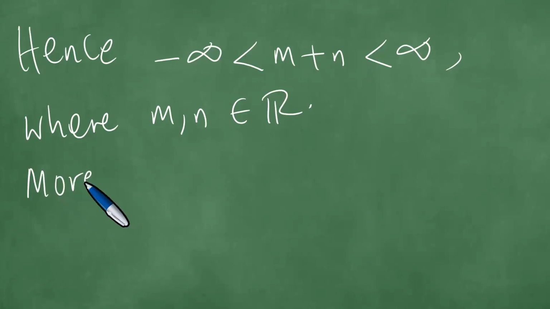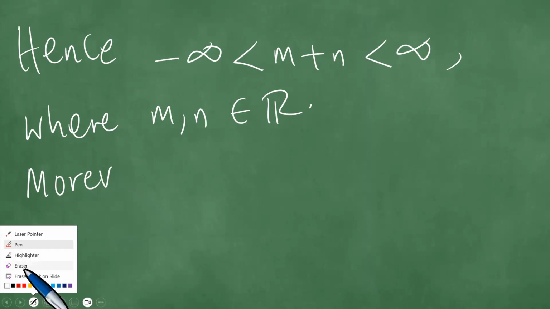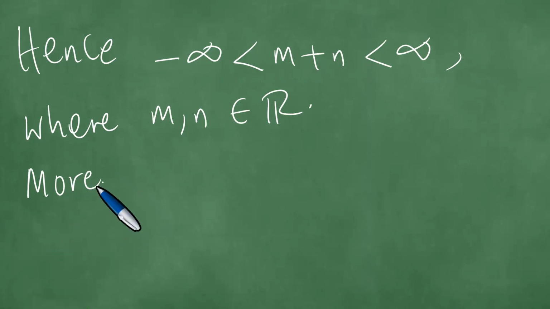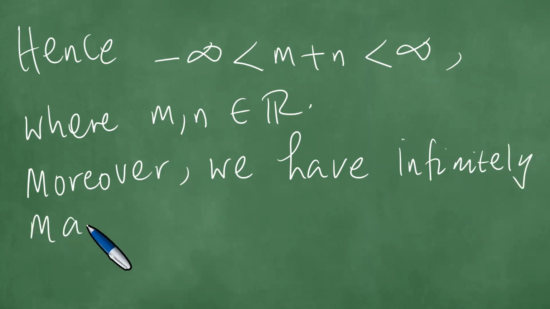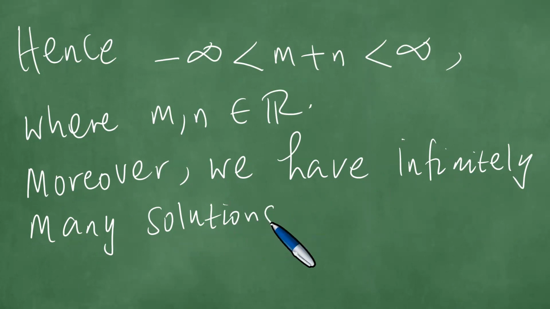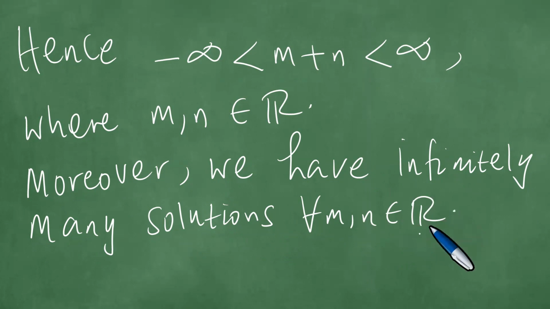Moreover, we have infinitely many solutions for m and n in R. It's not just that we only have integers, but we have infinitely many solutions for m and n which are real numbers. And therefore, we have solved this particular problem in detail.